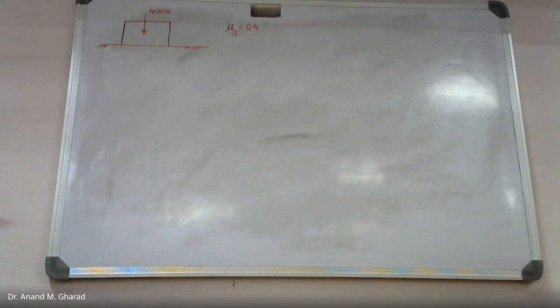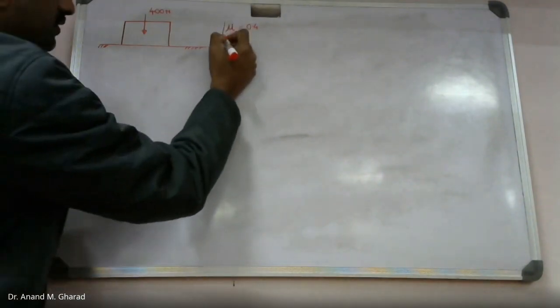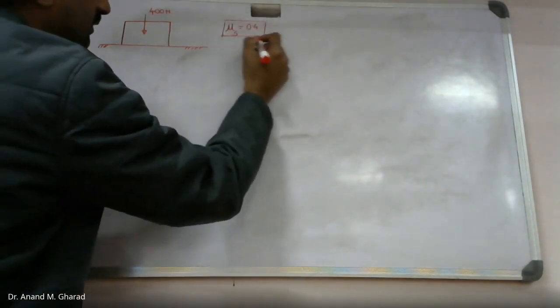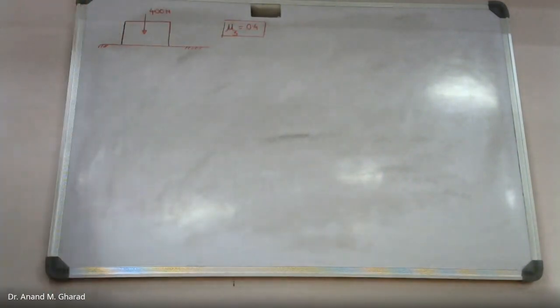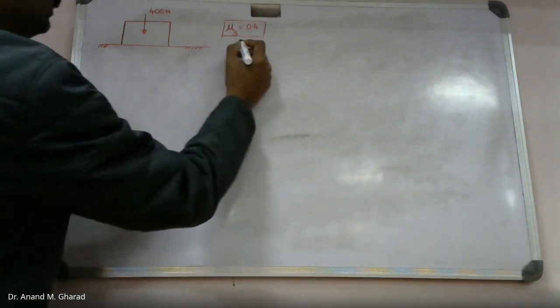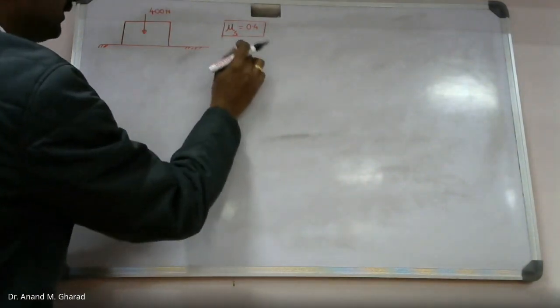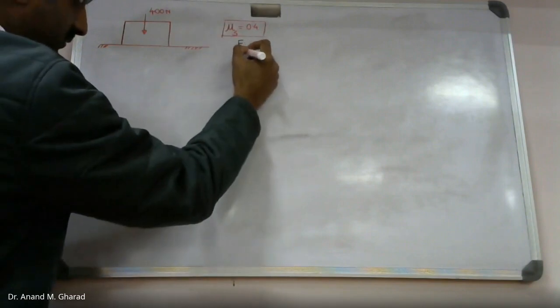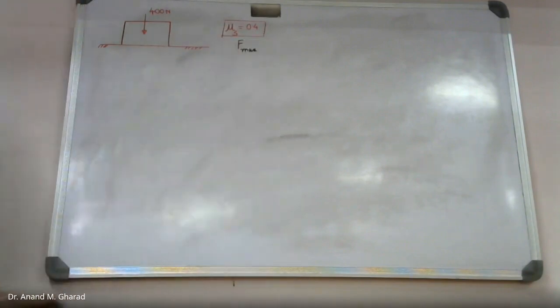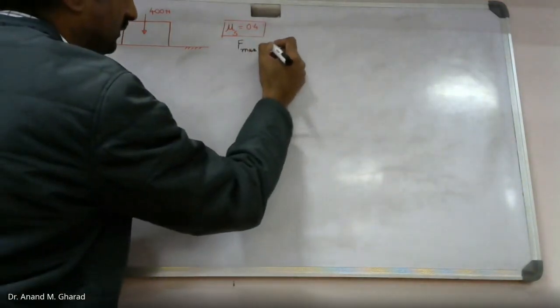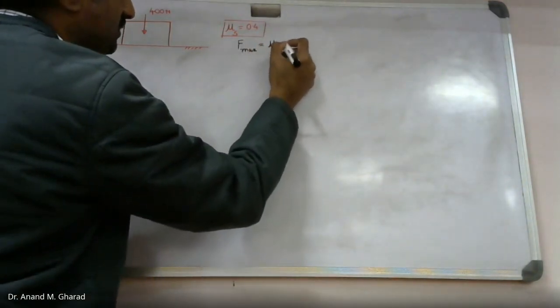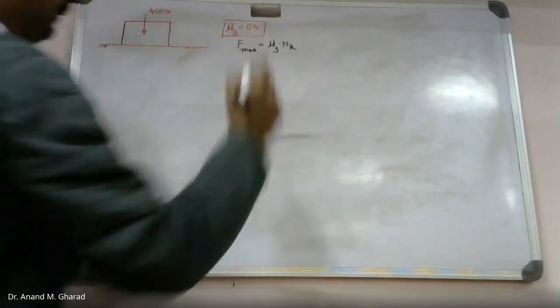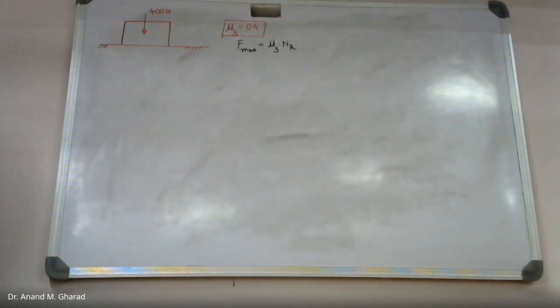This means that whatever coefficient of friction is given in the numerical, it is related to static friction. If it is static friction, what does that mean? Whatever friction we are finding out, that is the maximum frictional resistance, F max. As per the definition of F max, what is it? Mu s times nr, isn't it?